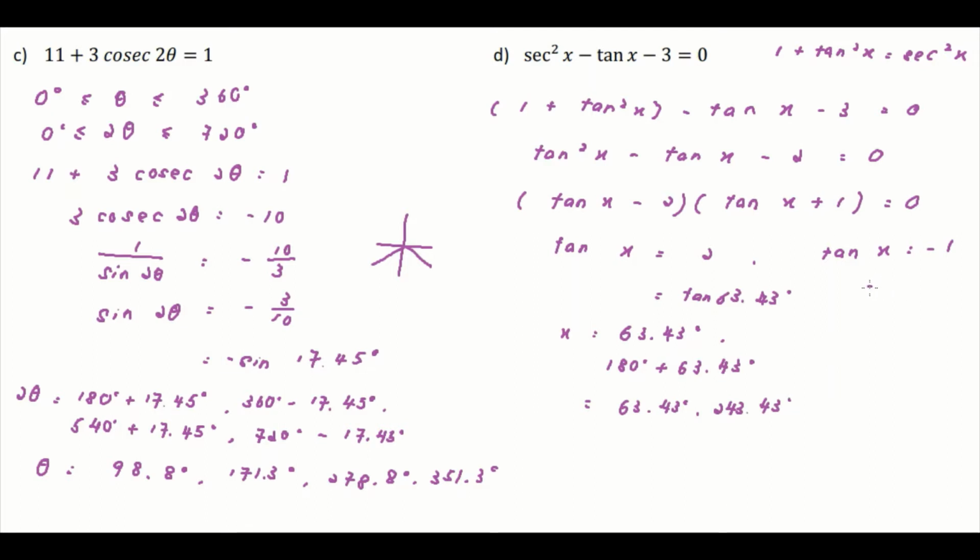Same thing, so use your calculator. You should be able to get negative tangent inverse 45. Okay, so now you can try to find it out. So same thing, this is negative. So it should be second quadrant and fourth quadrant. So second quadrant and your fourth quadrant, which is 360 minus 45.